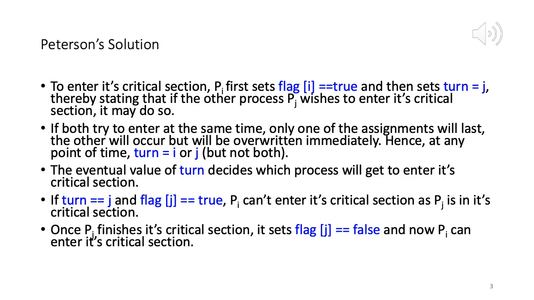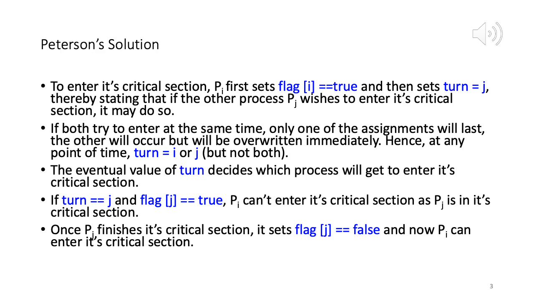Note that you can have many scenarios. In one scenario, neither process wants to enter its critical section. In another, process i wants to enter, process j does not. In a third, process j wants to enter, process i does not. In the fourth, both processes i and j want to enter. That is the one we have to watch out for, since there we can have synchronization issues.